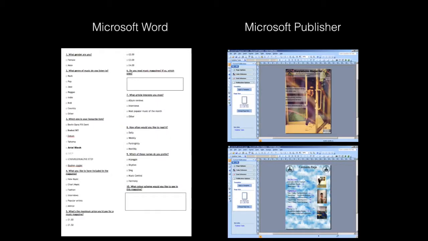On the school computers, I used Microsoft Word to create the questionnaire for my music magazine, for my market research. I used the text tool and I used the shape tool to insert boxes for the open-ended questions. I used Microsoft Publisher to create my preliminary task. I used the shape tool and text tool to insert images and type into my contents page and front page.